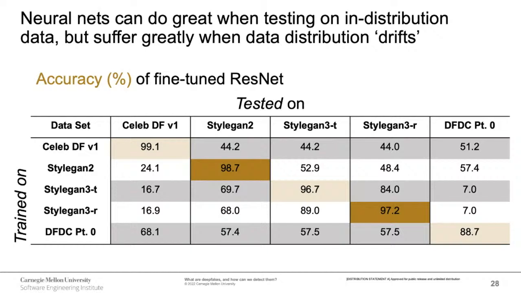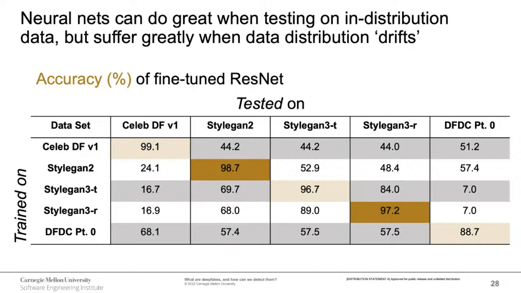So what we see with neural nets typically is that they can do very, very well on in-distribution data. And we see that in this table here, where in the first column, we have the data sets that we trained it on. And then the first row is also the same data sets again, but we're actually using different test data.